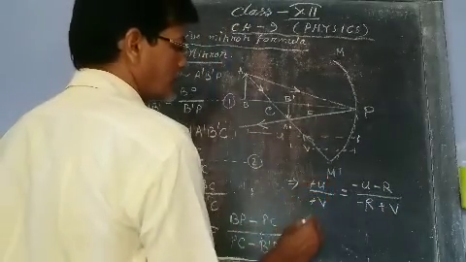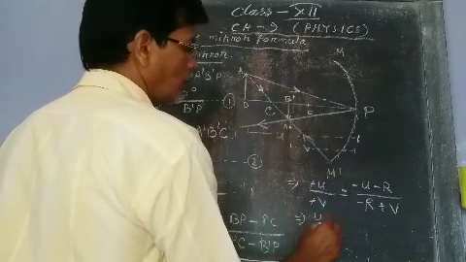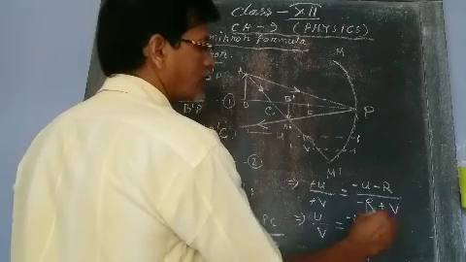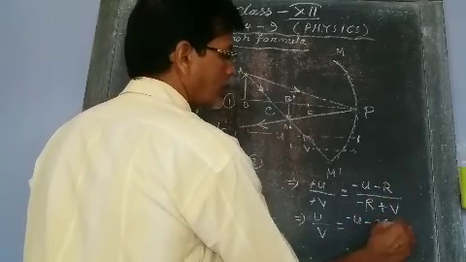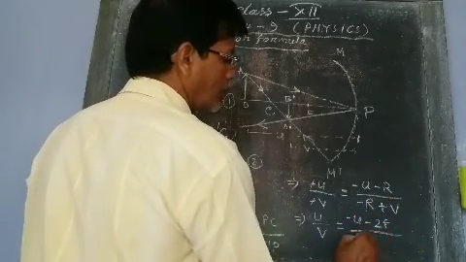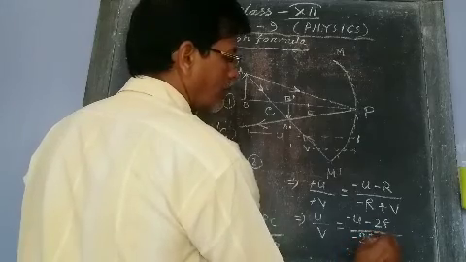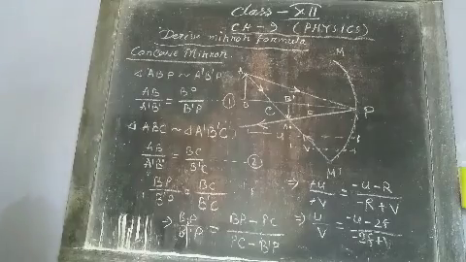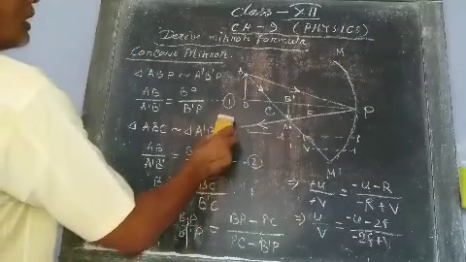So minus cancels. u by v equals minus u minus R, and R means 2f, so minus 2f plus v. If we cross multiply, then what we get?